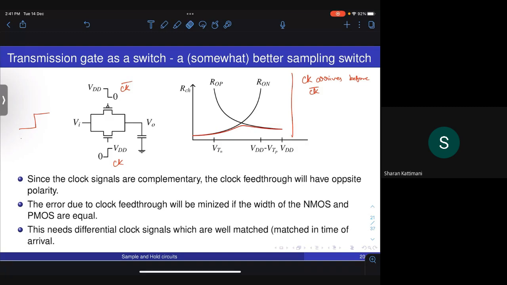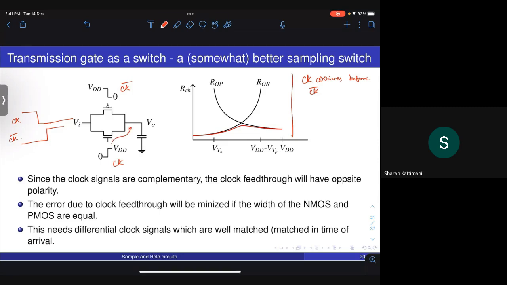A small error because of mismatch in the timing. I should be looking at the falling transition, right? I'm exaggerating it here for illustration purposes. So if this is clock and this is clock bar, what happens is, if clock arrives before clock bar, the charge injection during the transition from on to off from the NMOS transistor will happen at this time.